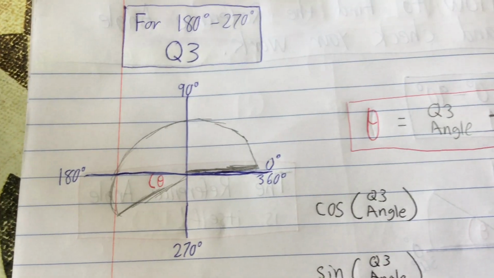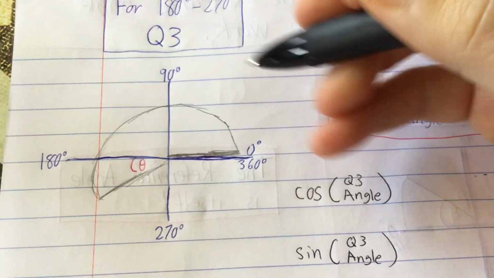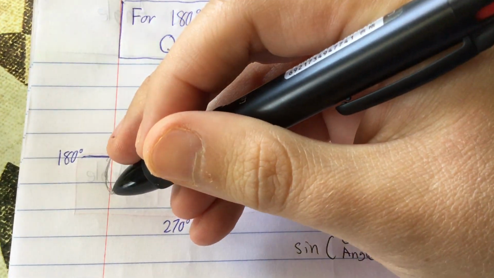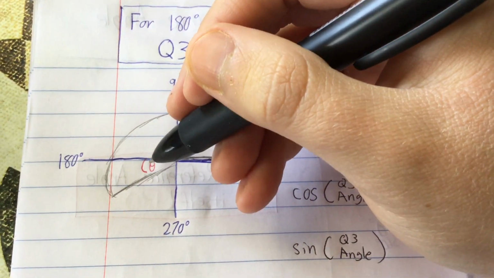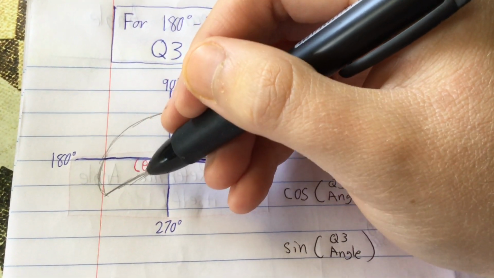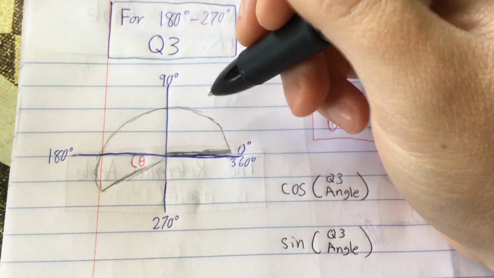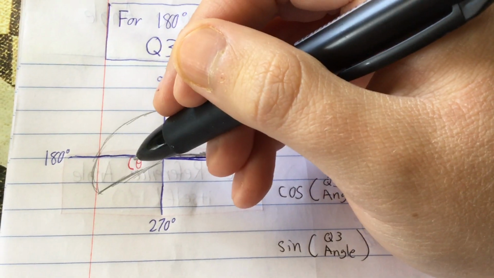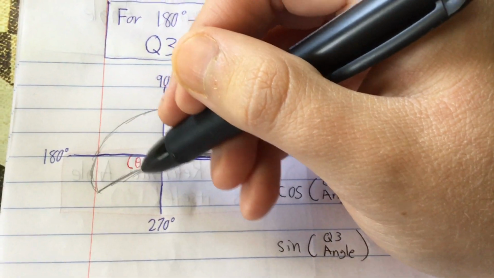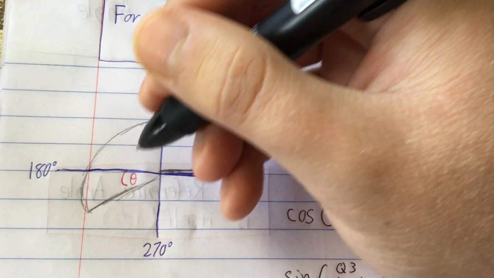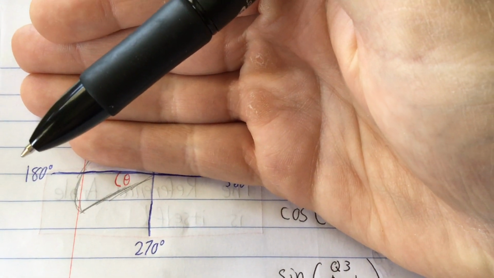If your angle is between 180 degrees and 270 degrees, you're in quadrant 3. So if you draw your picture and you end up in quadrant 3, you're sandwiching the terminal point with the x-axis and forming this angle theta. Now remember that your angle is over 180 degrees and you're sandwiching it with the angle with the x-axis. So we have to take this quadrant 3 angle and subtract 180 degrees from it to figure out what this part is.